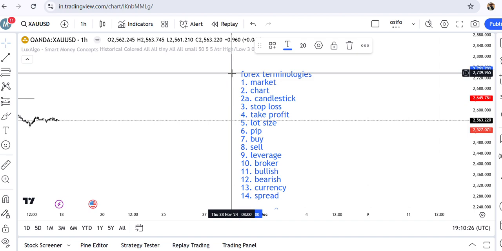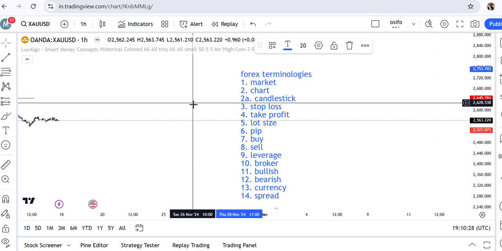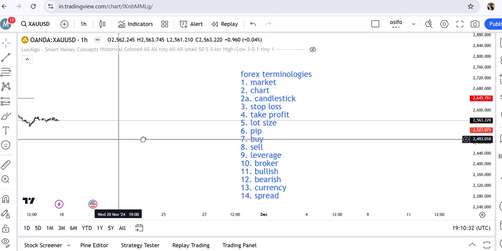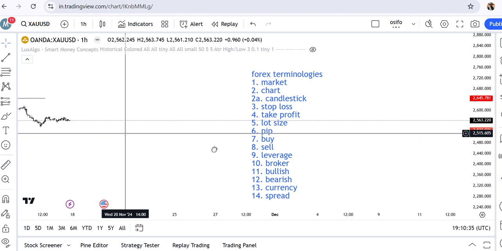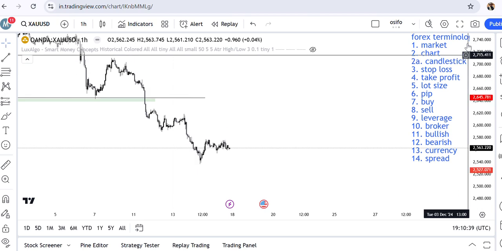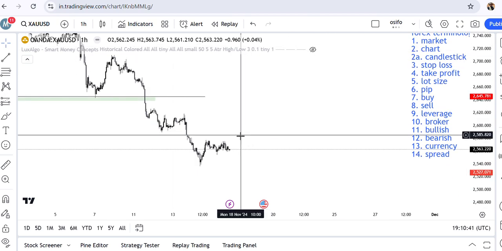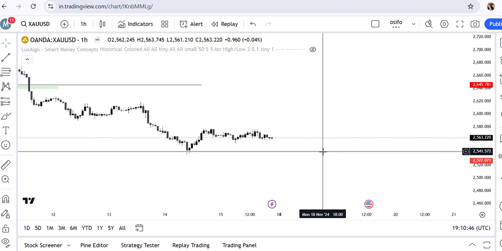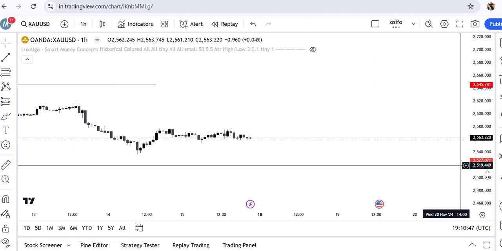So when you hear candlestick, what does it mean? I'm going to explain the chart, but I want to use the candlestick to explain what the chart is all about. Candlesticks are all of these things you are seeing here. It's on your MT5 as well, and it's on TradingView.